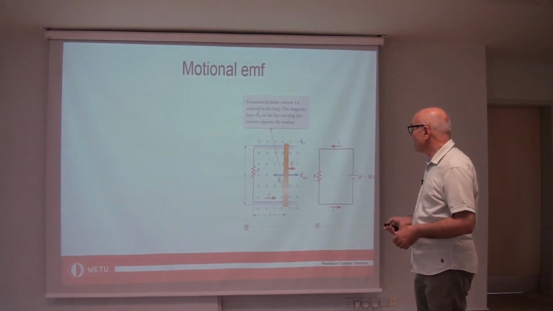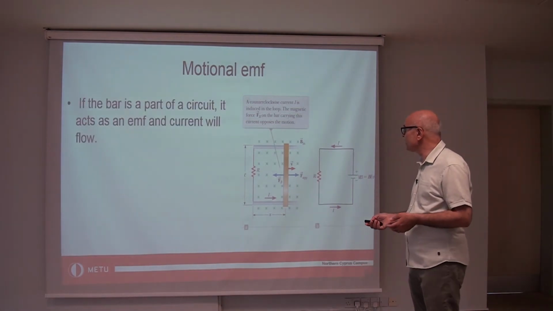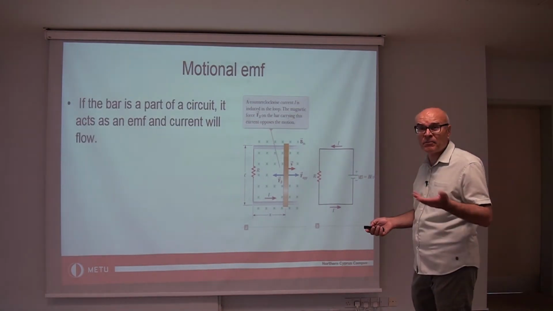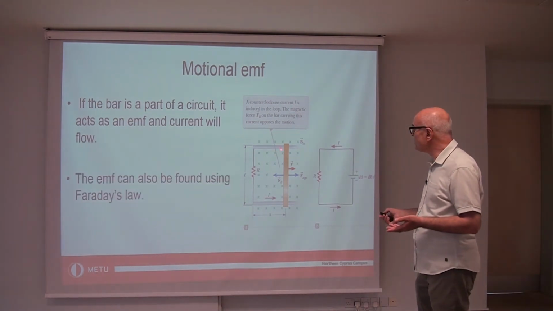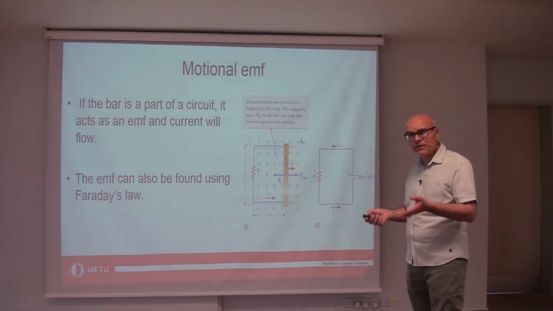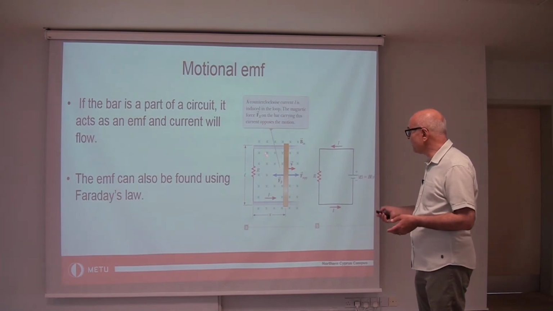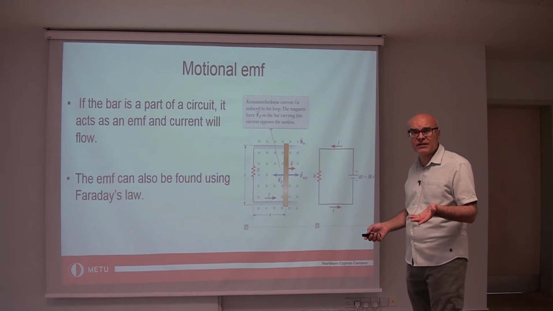Okay? So now, in this case, we have a motional electromotive force. And one way we can most easily find this motional electromotive force is by applying Faraday's law. Why is this so? Because this circuit is now a loop, and there is a magnetic field in the loop, and as this moves, the area of the loop is changing, and so the magnetic flux is changing.